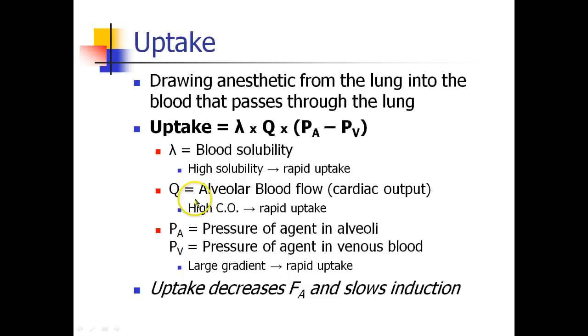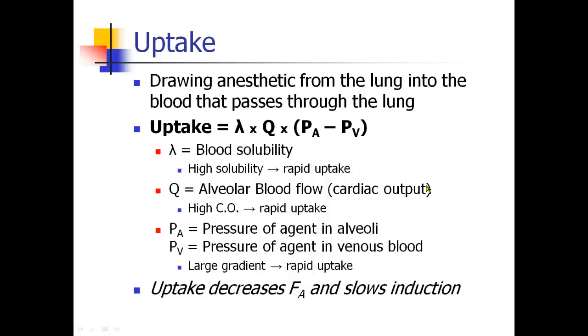So that's fast uptake. Q is alveolar blood flow, which is really the same as cardiac output in most normal people. And when you have a high cardiac output, you're continuously sending more and more blood. Think of it as more empty space to pick up agent from the lungs. So as alveolar blood flow, as cardiac output becomes higher, there's more uptake.